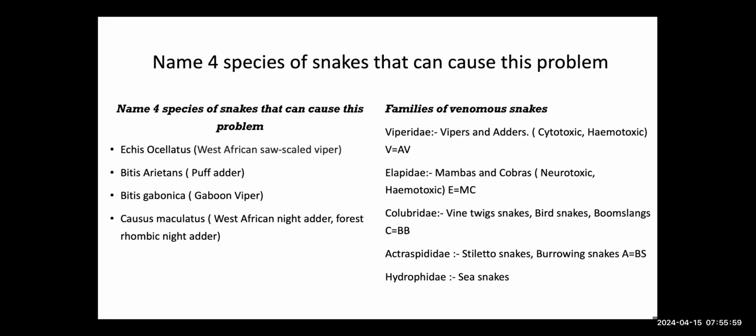Now, why is it 25? It is said that no matter how big the snake is, 25 vials is enough to mop up all the load of the venom that may be released. So after 25 vials, if the patient is still not responding, then we have to look inward whether the anti-snake venom has denatured, because most of the time the cold chain is breached, and this needs to be looked into.